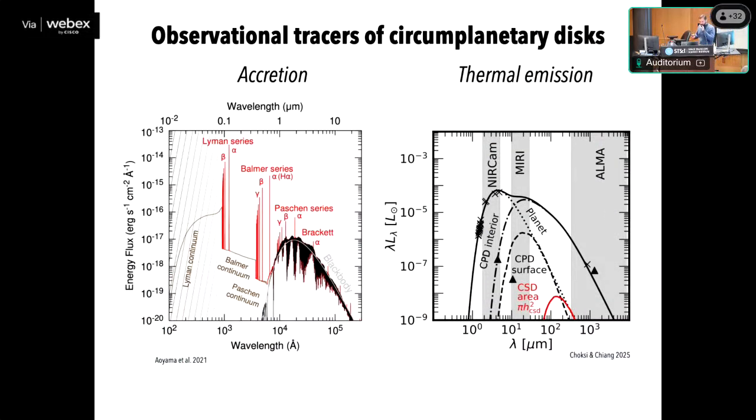And so what do we see observationally? There's sort of two regimes. There's a regime of accretion and accretion signatures, which can emerge from these young planets, and a regime of thermal emission at longer wavelengths. So we have bound-free emission that can produce these continuum jumps, a Paschen jump, a Balmer jump, and then line transitions that produce emission lines.